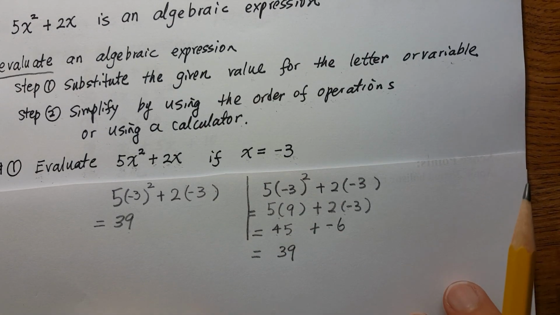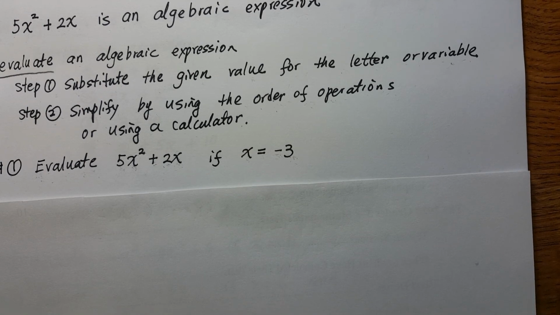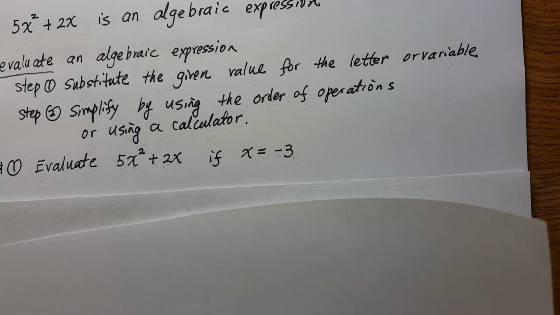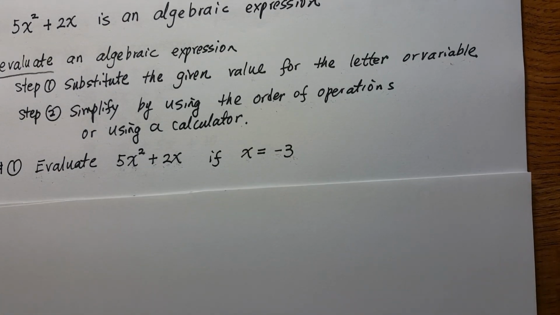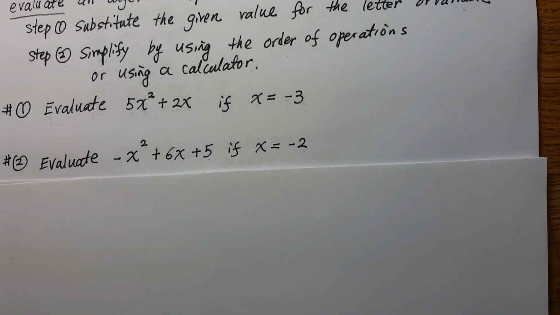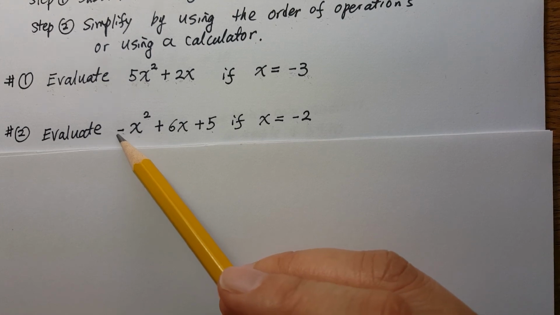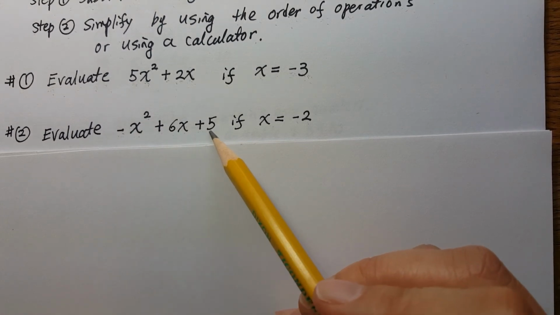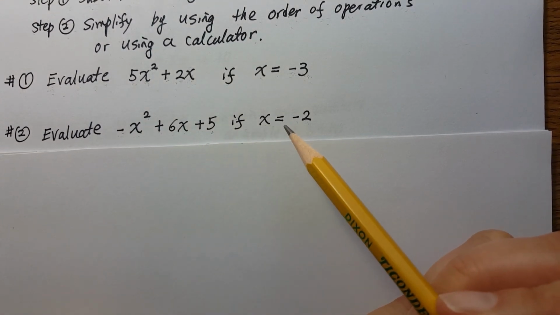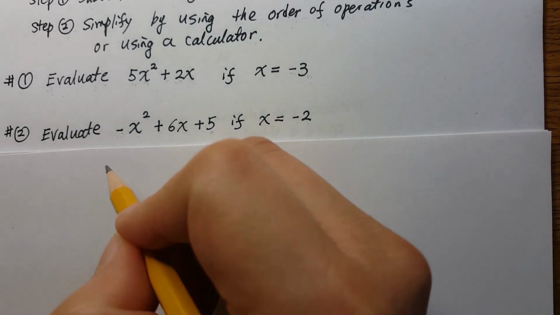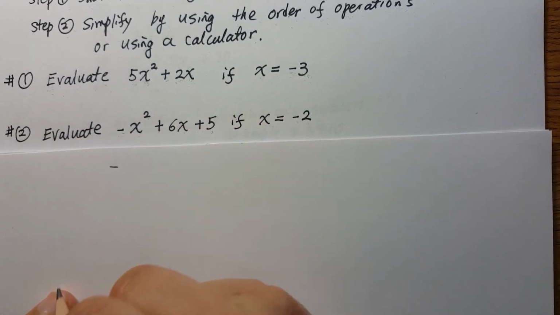Let's go to question number 2. Evaluate negative x squared plus 6x plus 5 if x equals negative 2. So we have put negatives.